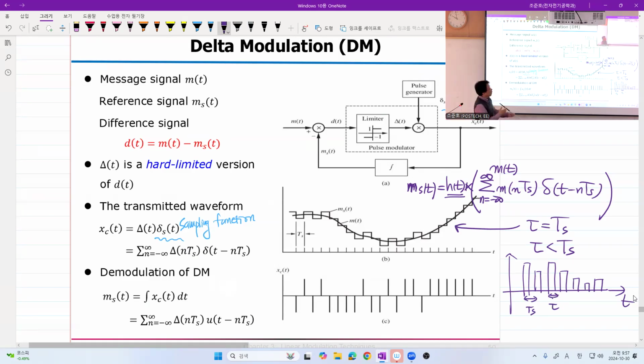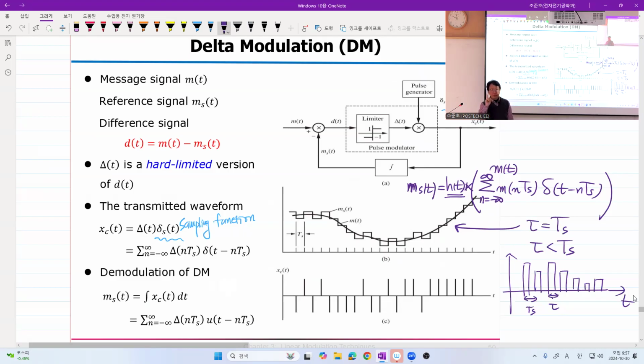And also you can imagine the opposite case where tau is greater than ts. In that case, these pulses will overlap. And your instinct says that, oh, that's too bad.